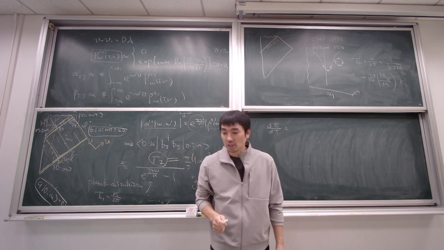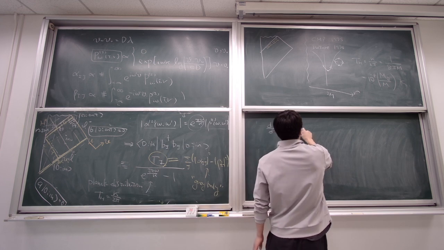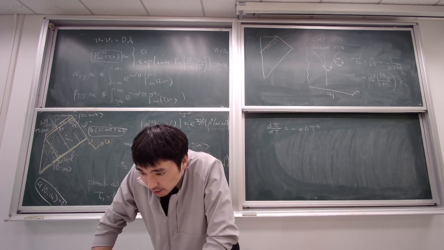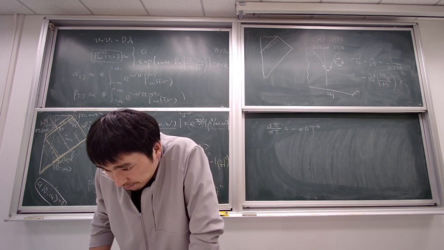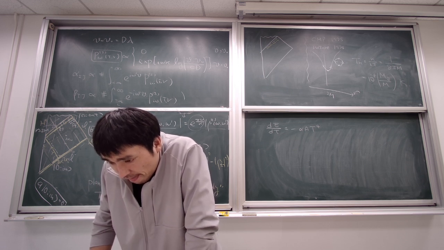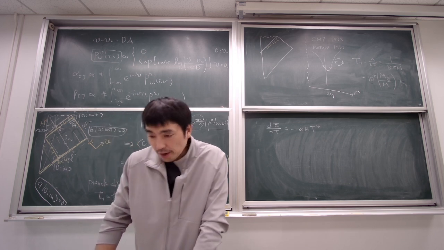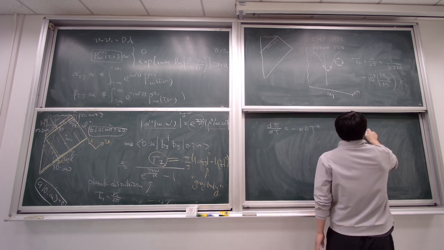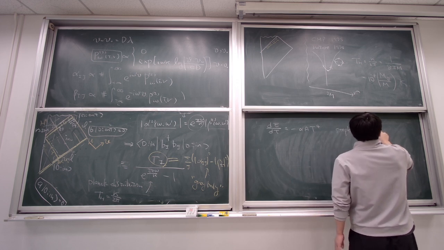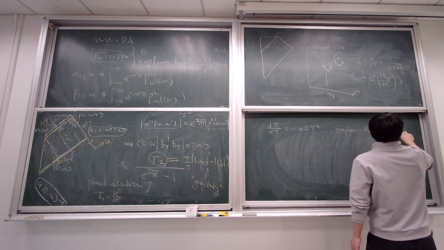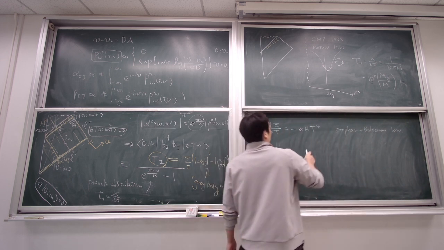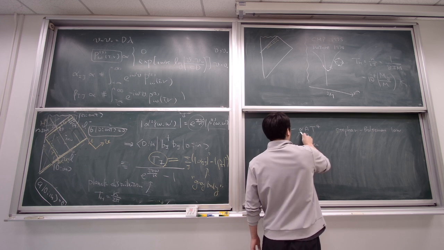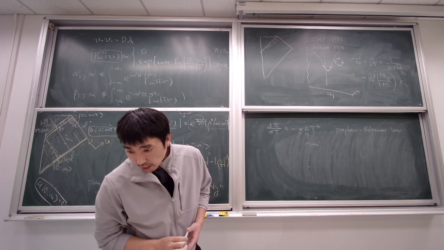There is the Stefan-Boltzmann law, minus alpha A T to the fourth, for a black body with area A. This A is the area of the horizon, and alpha is a dimensionful constant.